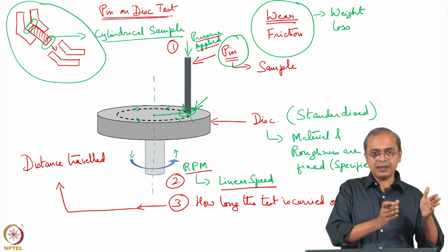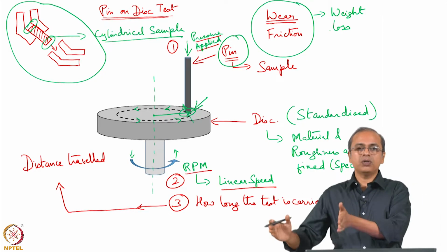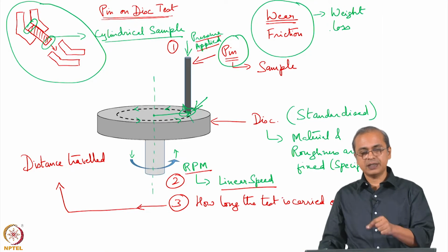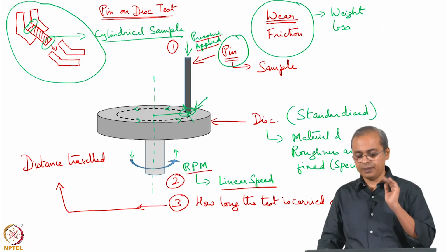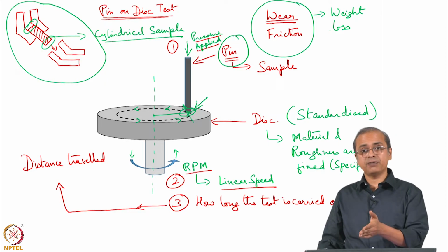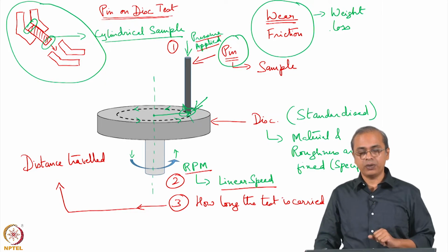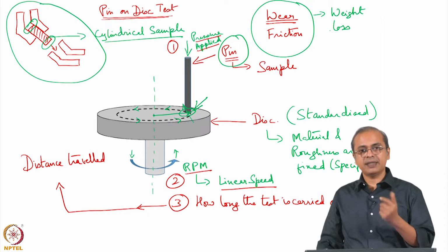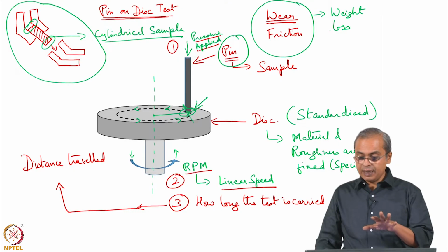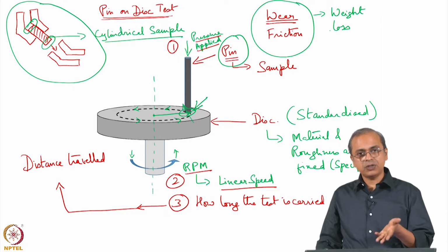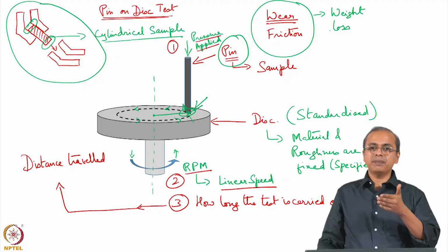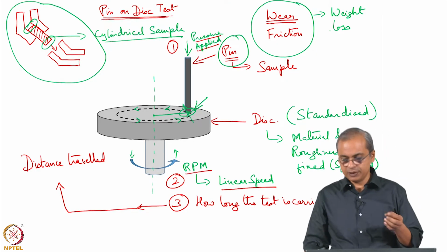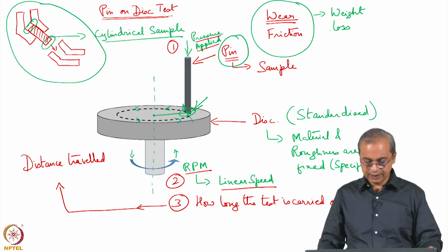So, if you are looking at taking some material into some technological application where it is likely to be subjected to frictional conditions, and therefore likely to experience friction and be subjected to wear, then we would like to know what the weight loss is, and as you may imagine, we want the weight loss to be as minimal as possible. We basically do not want any weight loss, because that is undesirable.